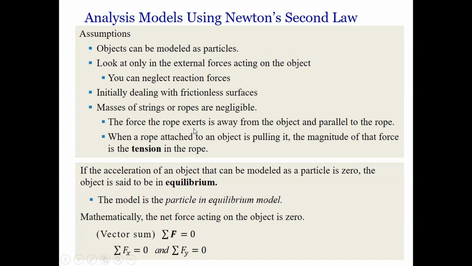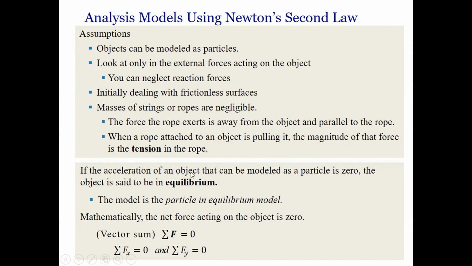The force exerted by the rope is always away from the object and parallel to the rope. Similarly, when a rope is attached to an object and pulling it, the magnitude of that force is the tension in the rope.